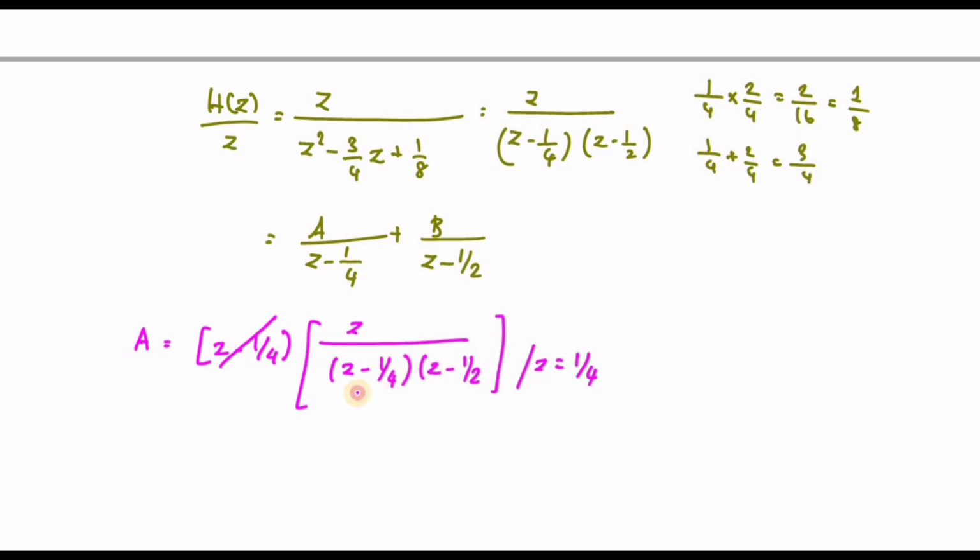These two get cancelled out. So you will get 1/4 divided by 1/4 minus 1/2, that is nothing but 1/2. So you will get 1/2 as your answer.